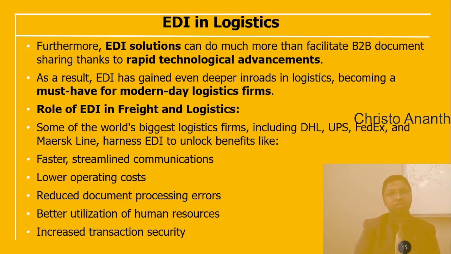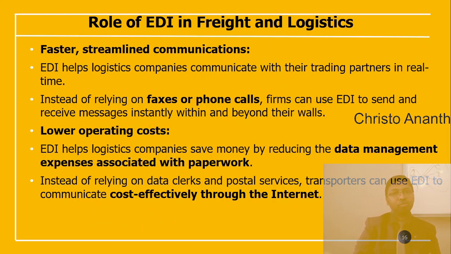Especially in freight and logistics, including the world's biggest logistics firms like DHL, UPS, FedEx and Maersk Line, they are using EDI for faster, streamlined communications, lower operating cost, reduced document processing errors, better utilization of HR, and increased transaction safety and security.